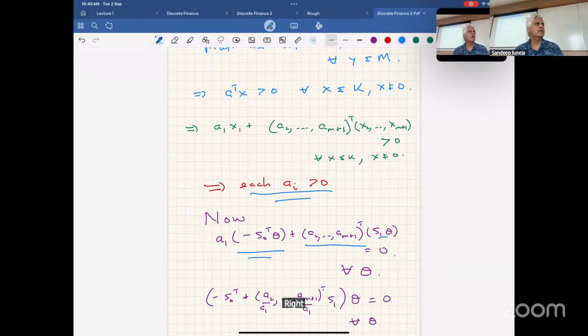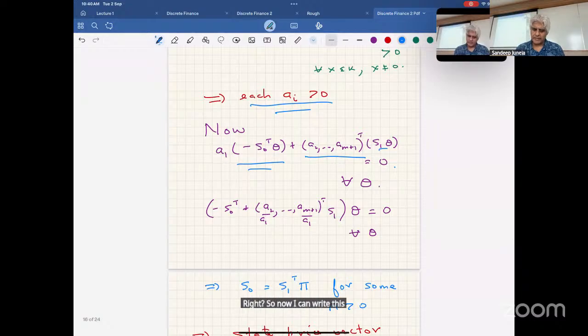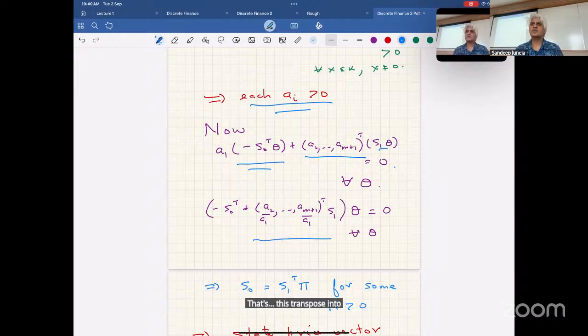M was a subspace, but basically it was exactly this subspace. So now I can write this as minus S0 transpose, and I've just divided everything by A1. A1 is strictly positive, so I can do this. This transpose times theta is equal to 0. So this is very nice, right? That's how it's all coming together.